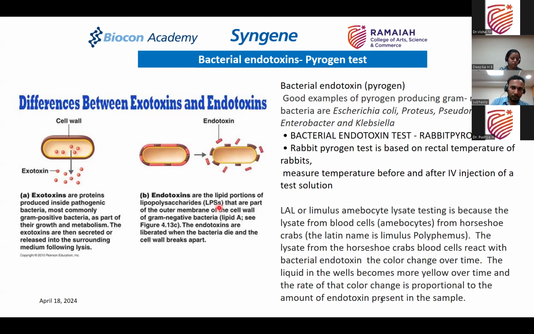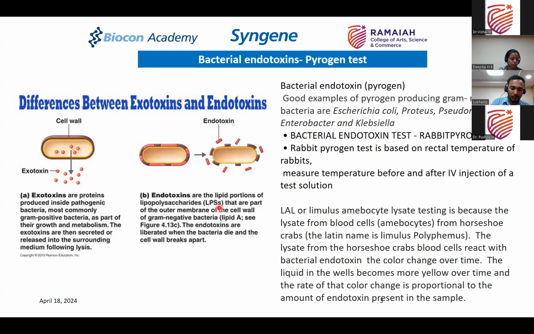The rabbit pyrogen test is based on the rectal temperature of the rabbit, that is, measuring the temperature before and after the injection of the test solution. So you can understand it very easily. The rectal temperature of the rabbit increases if we inject the test sample into the rabbit.